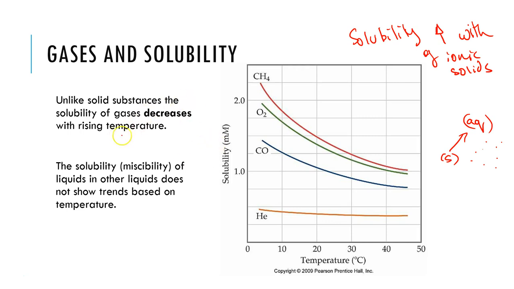Unlike solid substances, the solubility of gases decreases. Gases already have a high amount of energy. So if you add temperature to that, the gas is going to try and escape from solution. It's going to have more energy. And you've seen this if you happen to leave a bottle of soft drink out in the sun.